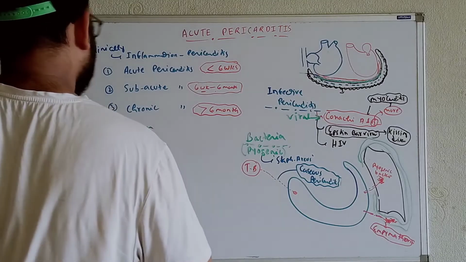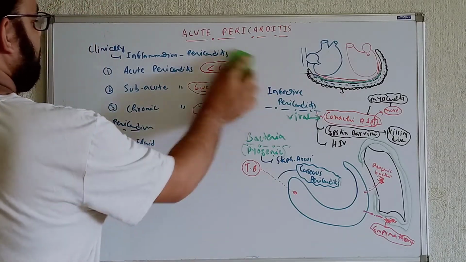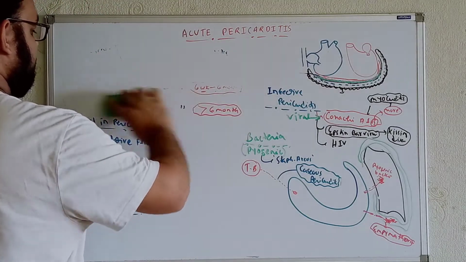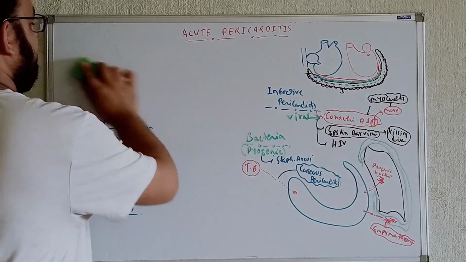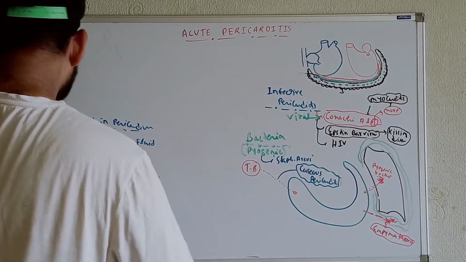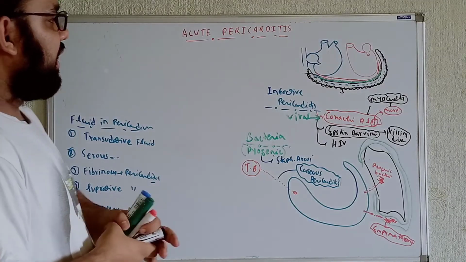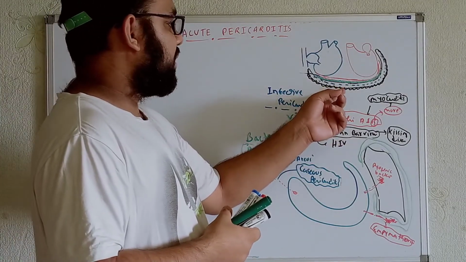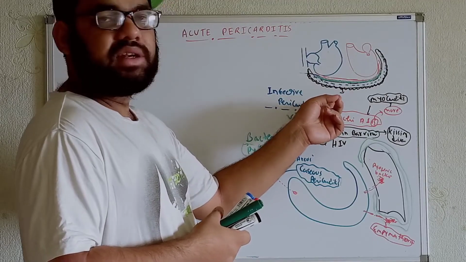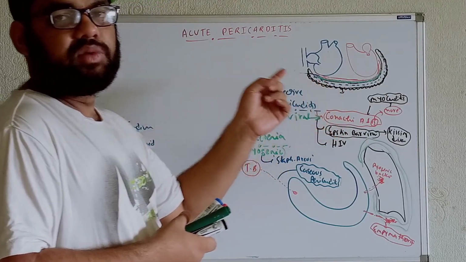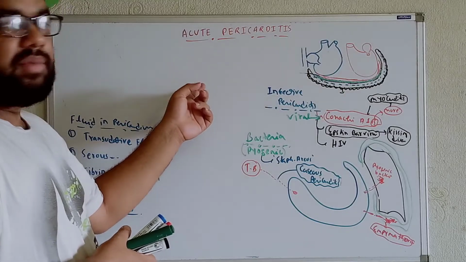So for that I need to erase some part from here, so please watch. Now, as far as the transudative fluid is concerned, what will we get over here? Try to understand. As I said before, within the pericardium we will also get blood vessels that supply the pericardium.